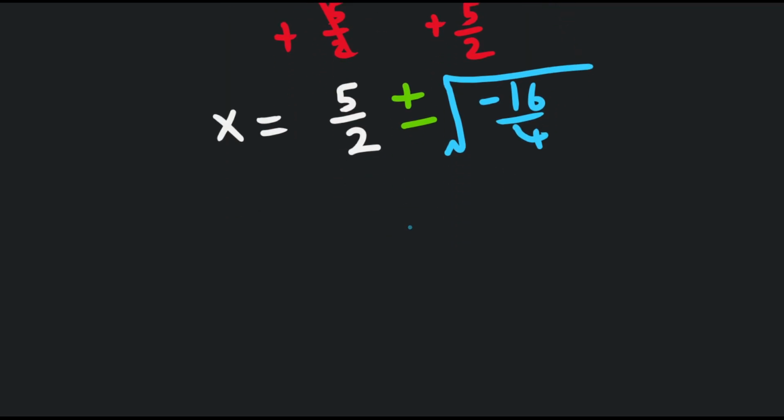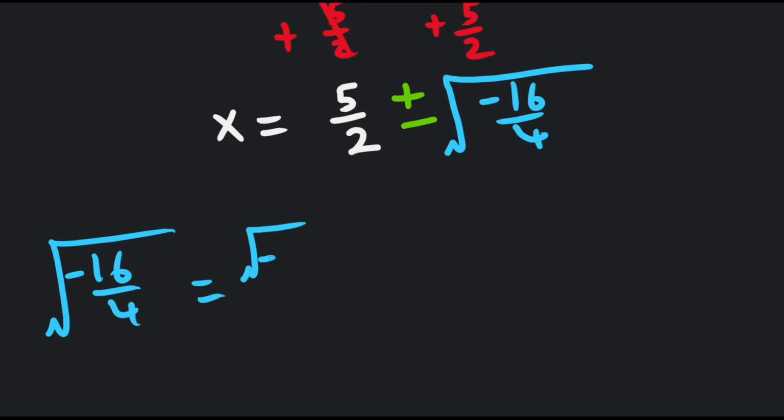And let's actually evaluate this radical, negative 16 over 4. According to the law of radicals with fractions, this radical of negative 16 over 4, I'll just write it up over here, is the same as radical negative 16 over radical 4. So we know what radical 16 is, on the numerator, that's 4. But radical negative 16, we've already learned about the imaginary numbers.